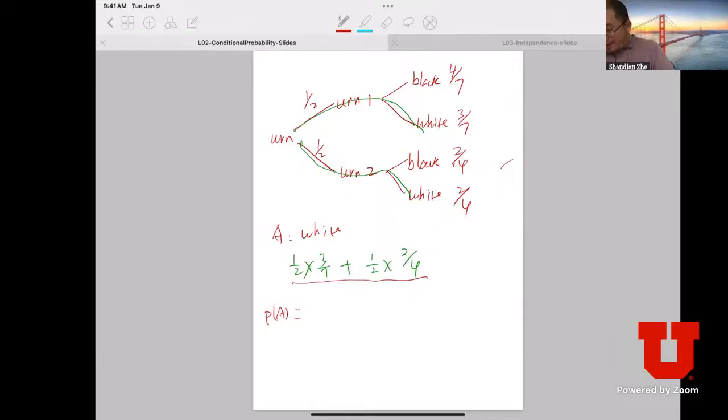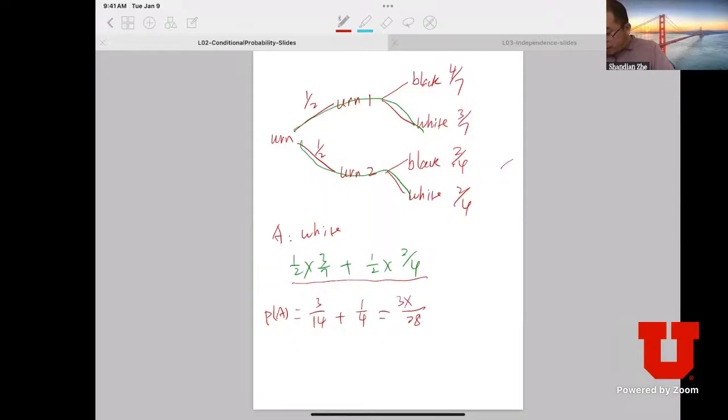The first one is 3/14. The second one is 1/4. Everyone agrees? Then you do the fraction addition, which would be, I think, 28.